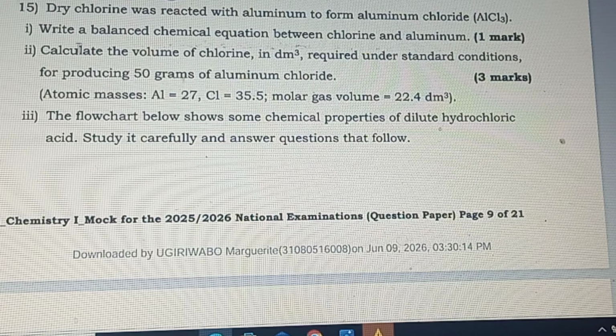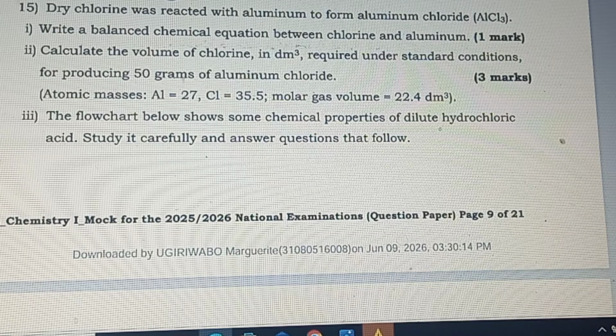Next, calculate the volume of chlorine in decimeter cube required under standard conditions. We have atomic mass of aluminium 27, chlorine 35.5. Molar gas volume is 22.4 decimeter cube.